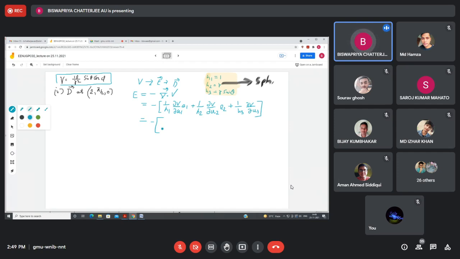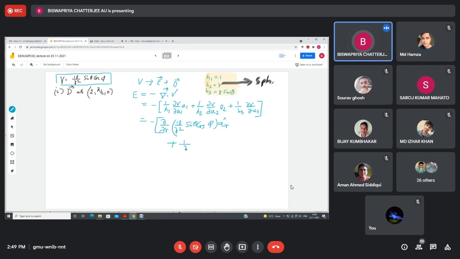So 1 by H1, that means 1 by 1, del del R of 10 by R square sin theta cos phi. Then for E1, the unit vector, you must put aR cap.